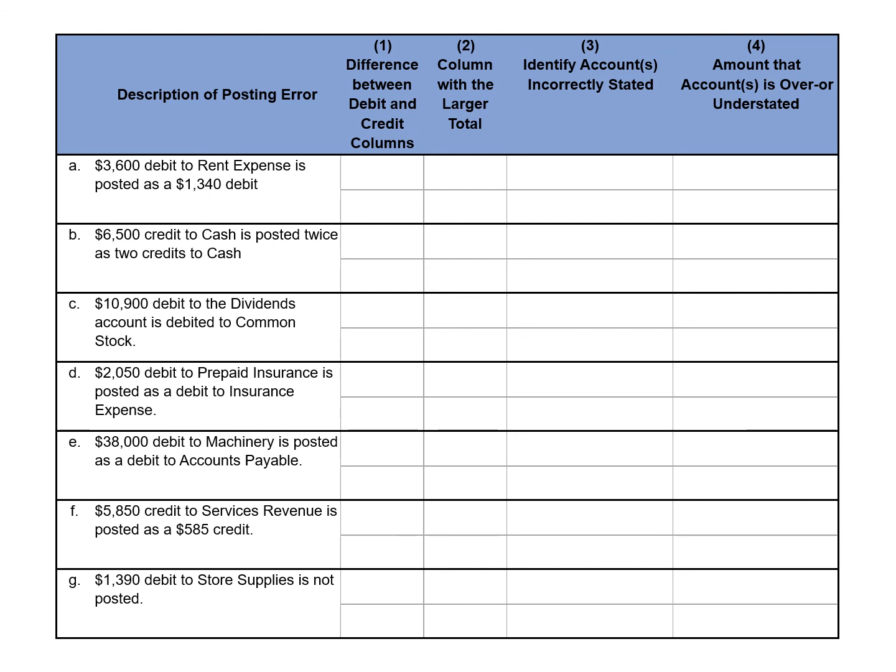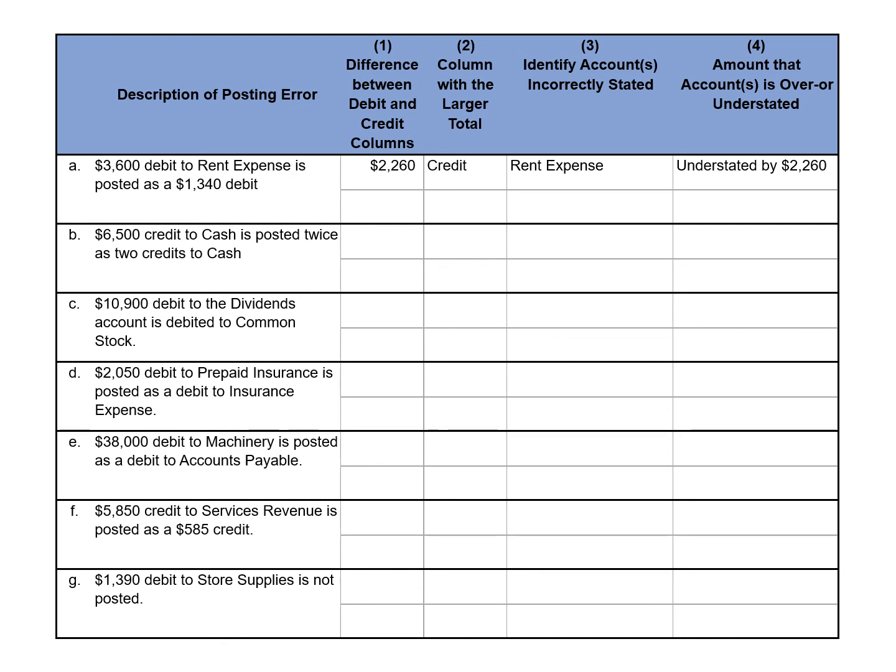So that means that our debit column from our trial balance is too low by the difference between those two, right? So the difference between the two is $2,260. Our debit column's too low because it should have more debits. So that means our credit column is larger, right, on our trial balance. And then our account that's incorrectly stated is our rent expense, and it's understated by $2,260. Okay.